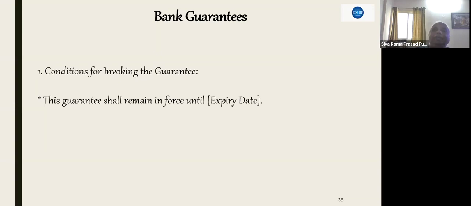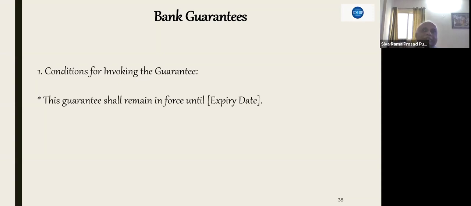If that type of condition is there, that also I have to honor, and I have to mention it in the guarantee itself. Even after expiry, if the claim lodging period is 6 days or 1 month or 15 days, then I will take the commission including that claim period also.